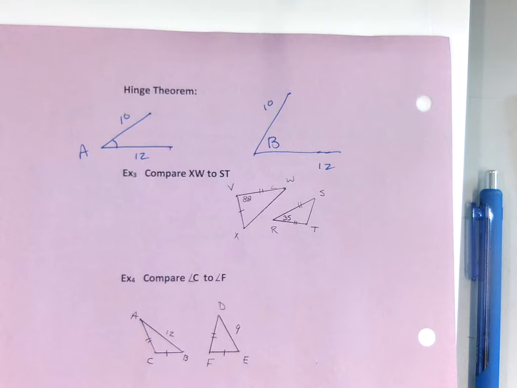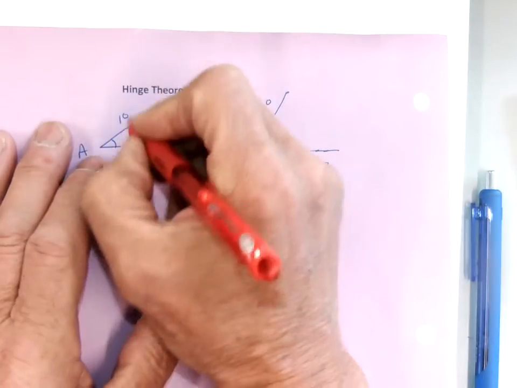Right. So B's got a bigger angle, right? You guys see that? So that means, from the Hinge Theorem, let's put some numbers in here.